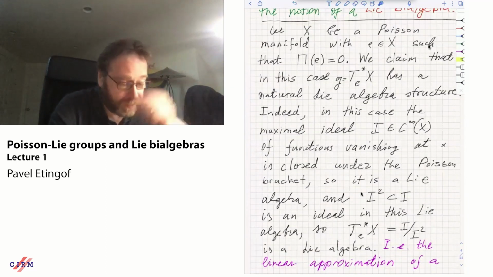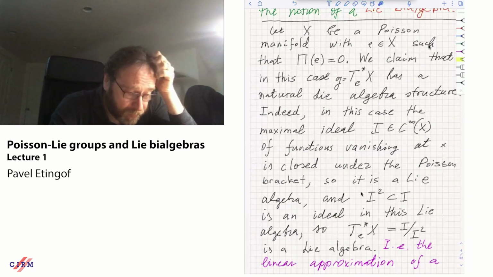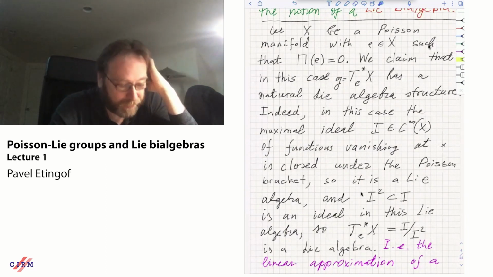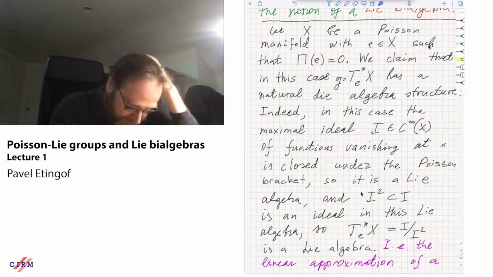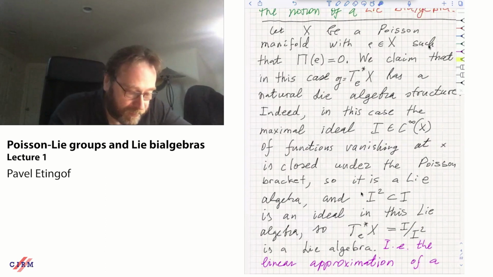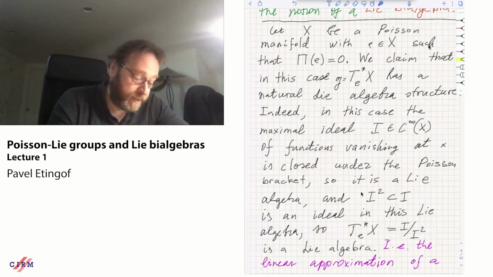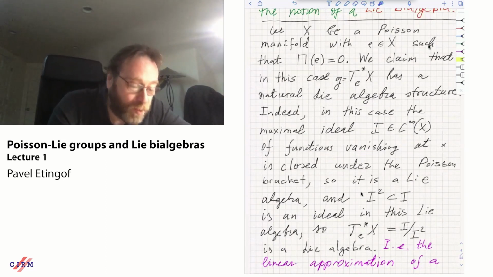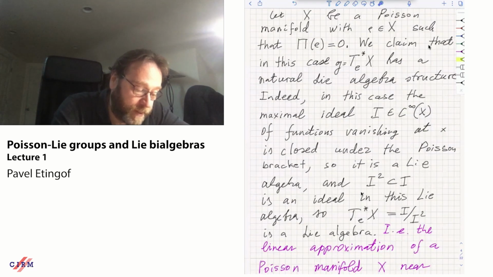So if one of the arguments is in I squared and the other is in I, then the result will be in I squared. This means that you can take the quotient I over I squared, and that will be a Lie algebra, a quotient of a Lie algebra by an ideal. But this quotient is exactly the cotangent space. And so this shows that the cotangent space is a Lie algebra.